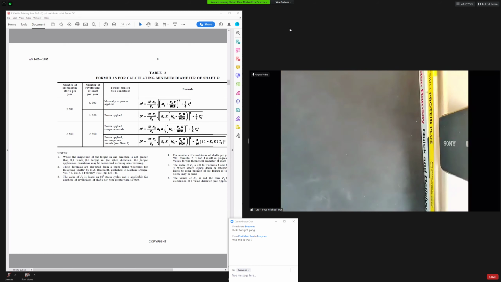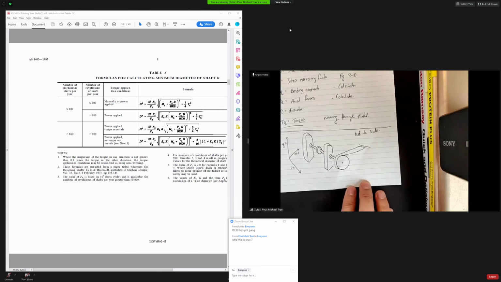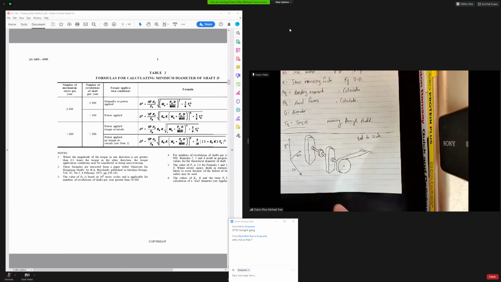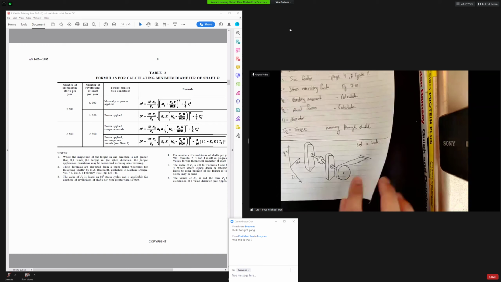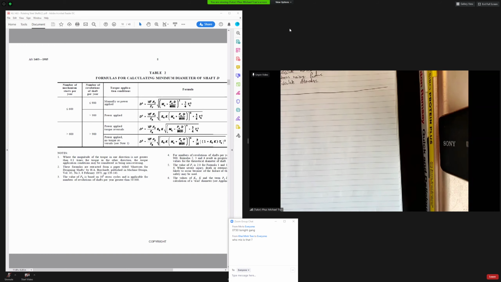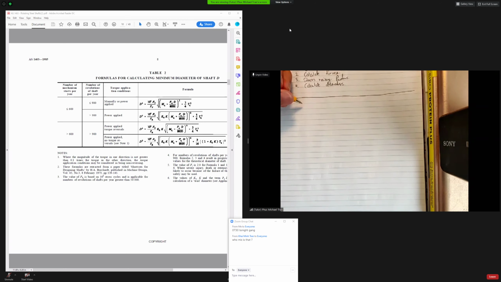Alright, first, going back to our diagram, we know that there's forces going in and out from the gears and from the pulleys. So we have to calculate them individually at these 2 points. So, gear forces.